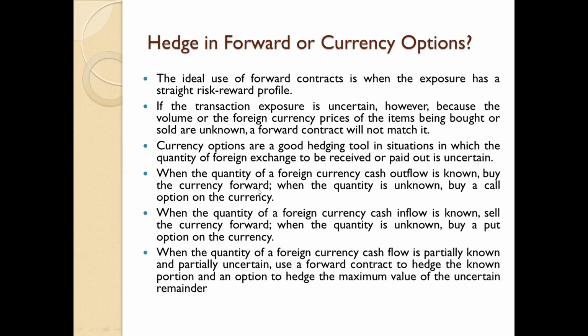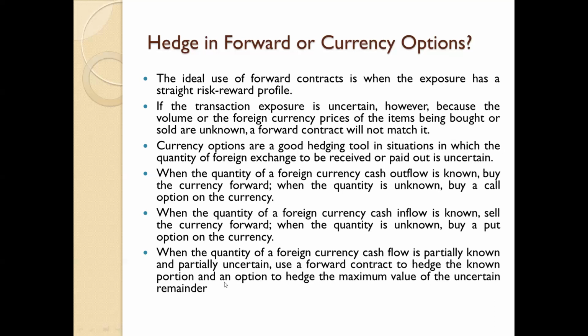But if we have a combination of this kind of risk, that means partially we know the amount we receive, but totally we don't know how much we receive exactly. When the quantity of foreign currency cash flows is partially known and partially uncertain, we can use a forward contract to hedge the known portion, and we can use the currency option contract to hedge the unknown portion.